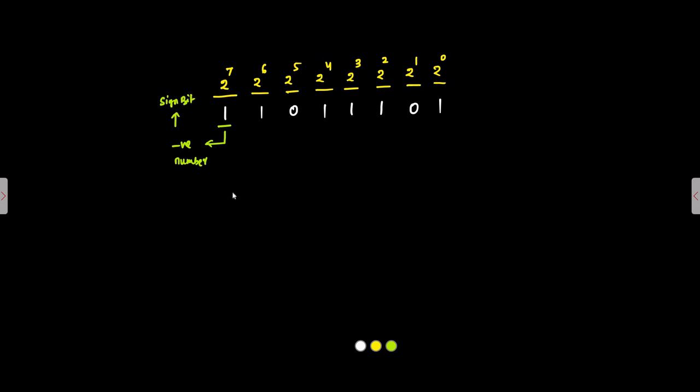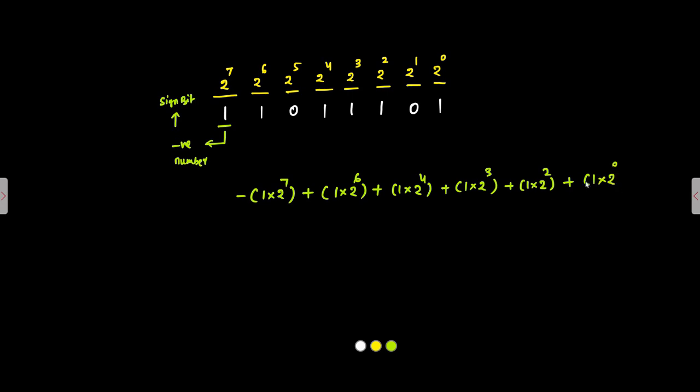So the process will be 1 into 2 to the power 7 with a negative sign attached, and for the remaining 1 bit positions we have a plus sign: 1 into 2 to the power 6 plus 1 into 2 to the power 4 plus 1 into 2 to the power 3 plus 1 into 2 to the power 2 plus 1 into 2 to the power 0.